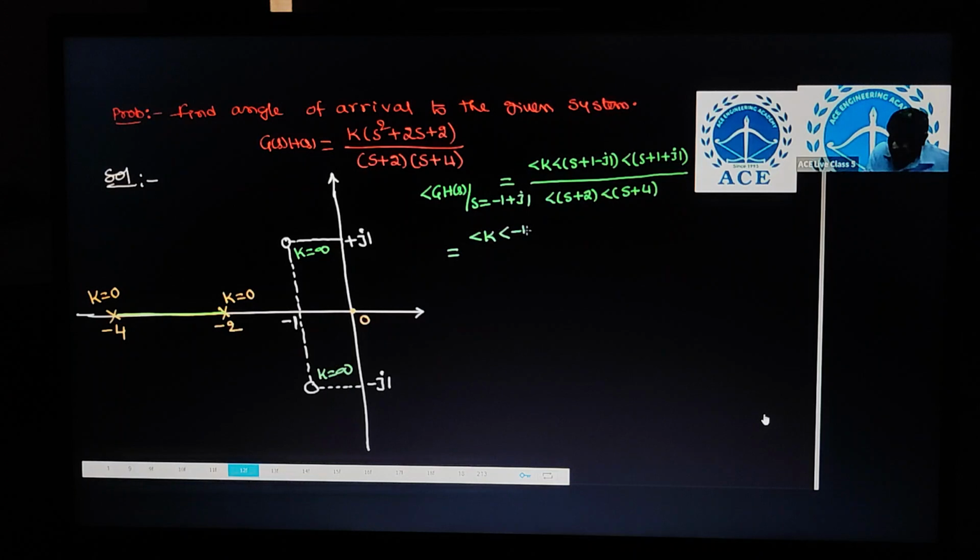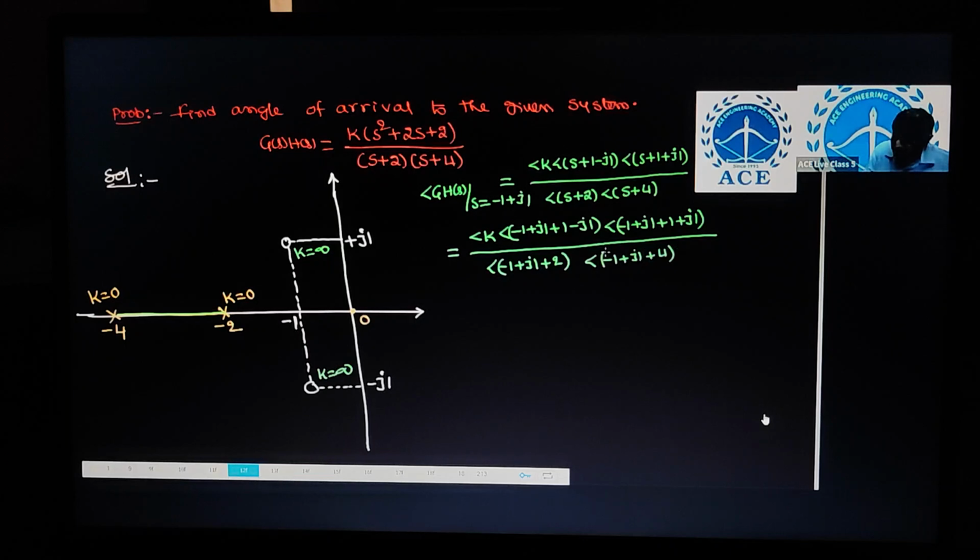Is it wrong? Now come on, get the answer. Angle of K, angle of -1 plus j1 plus 1 minus j1, angle of -1 plus j1 plus 1 plus j1, angle of -1 plus j1 plus 2, angle of -1 plus j1 plus 4.